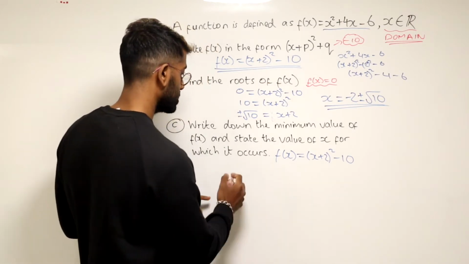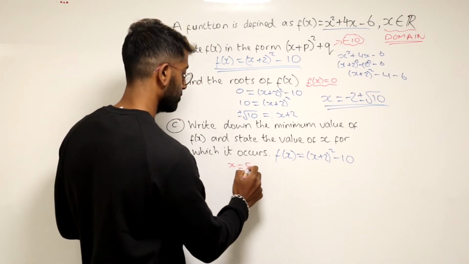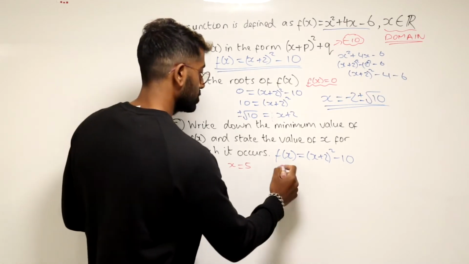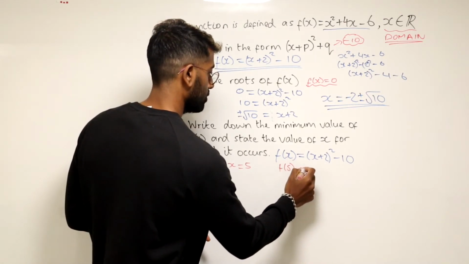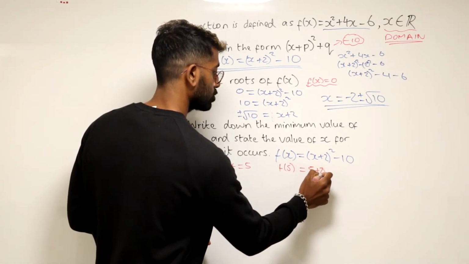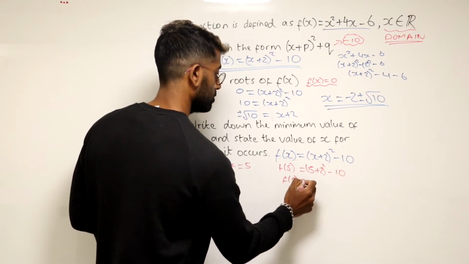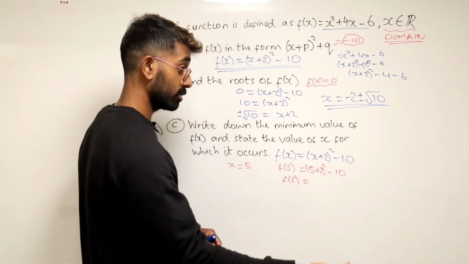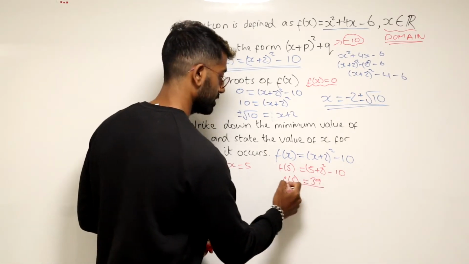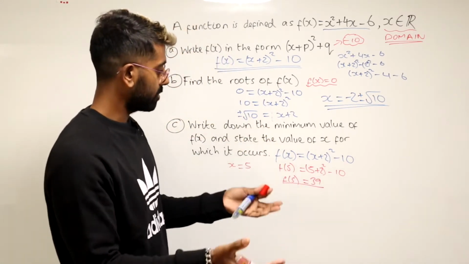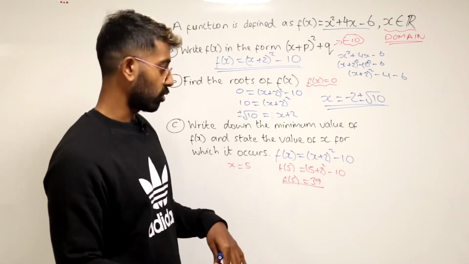Let's maybe sub x as 5 and see what happens. If we put x as 5, that would be (5 + 2) squared, take away 10. So 5 plus 2 is 7, 7 squared is 49, take away 10 gives me 39. So quite a big number. Let's see if we can get something smaller than that.